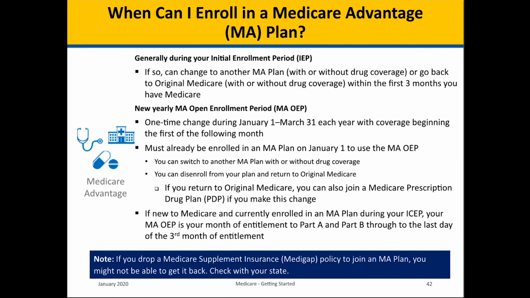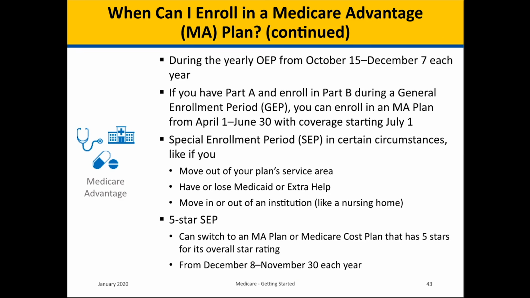In addition, newly MA-eligible individuals can enroll in an MA plan to make that one-time election. This enrollment period, however, doesn't allow for Part D changes for individuals enrolled in original Medicare, including those with an enrollment in standalone PD. Next slide, please.